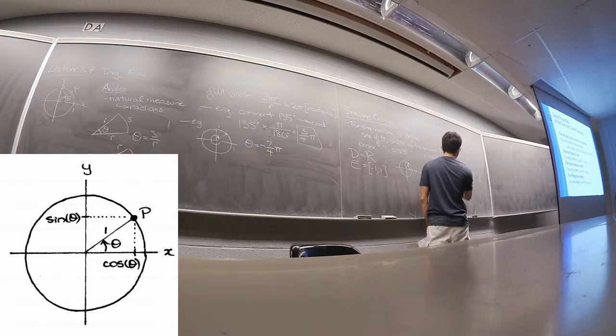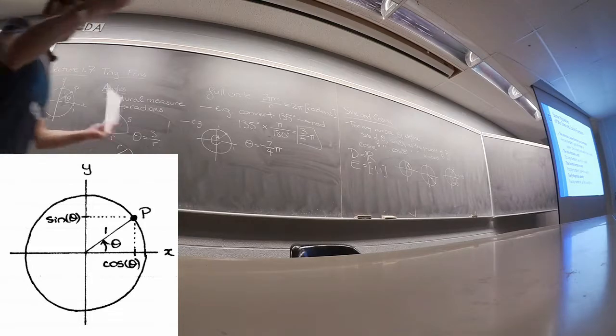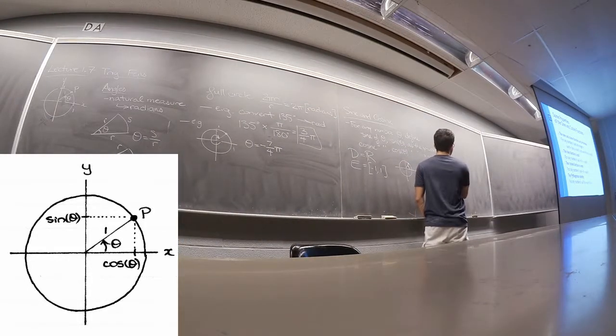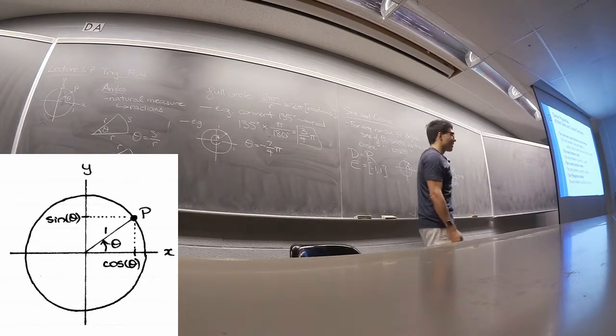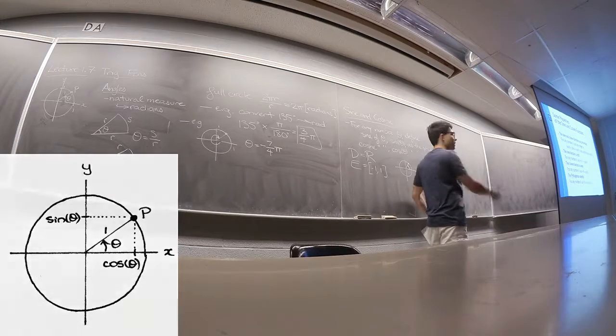And by Pythagoras, and the radius of the circle was 1, if you square this and add it to the square of this, you'll get 1 squared, or 1. And for general theta that works. You can use what's called the distance formula, or just think about it. The distance of a point P from the origin is the square root of the x-coordinate squared plus the y-coordinate squared, and that'll give you the same result.